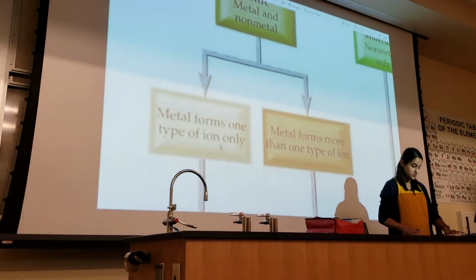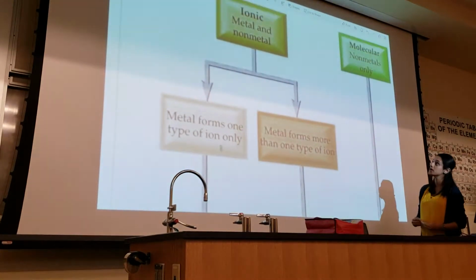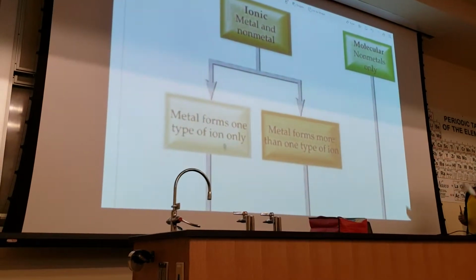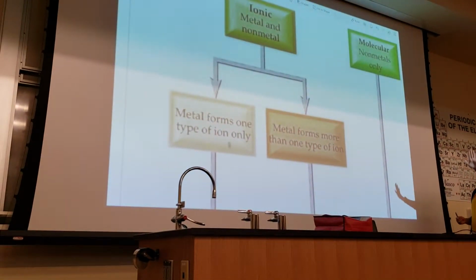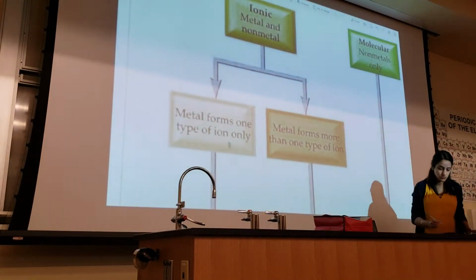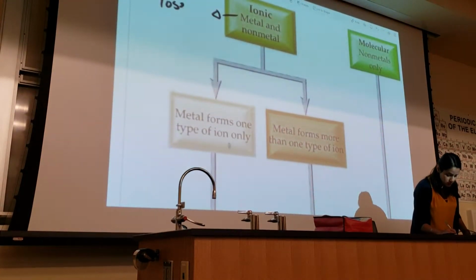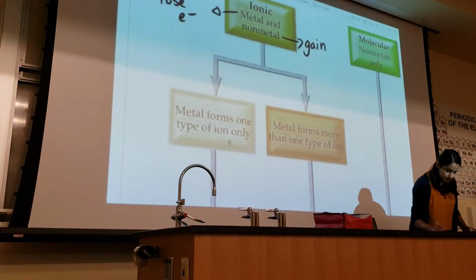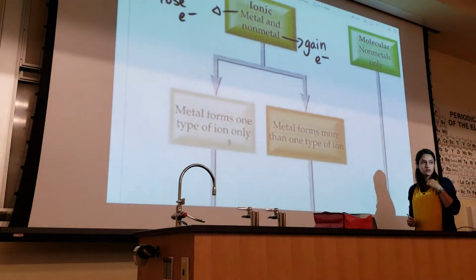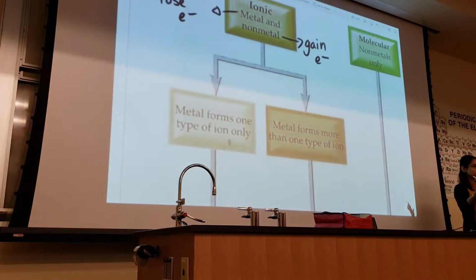Okay. When we're looking at the ionic category, one thing again you have to keep in mind. A metal likes to lose electrons. A non-metal likes to gain. So you have this perfect relationship, right? One thing wants to lose that electron, the other thing will gain that electron.